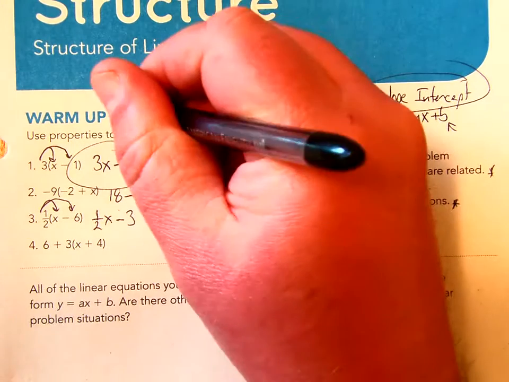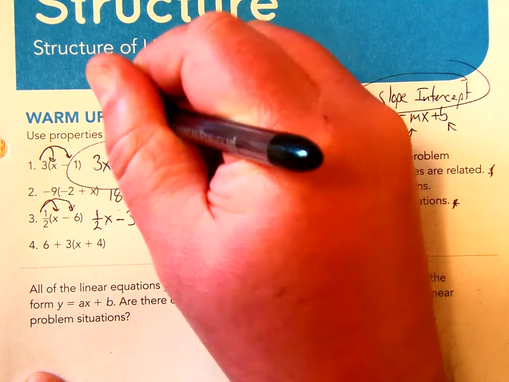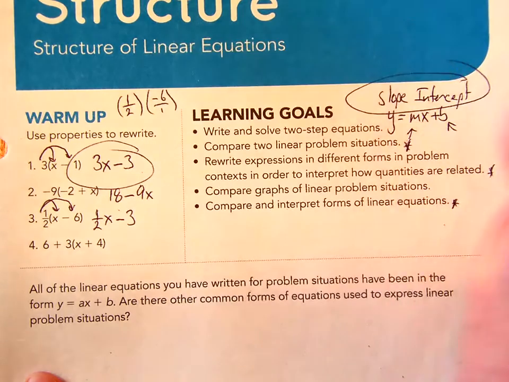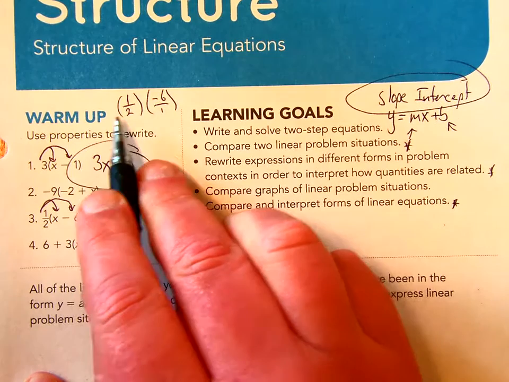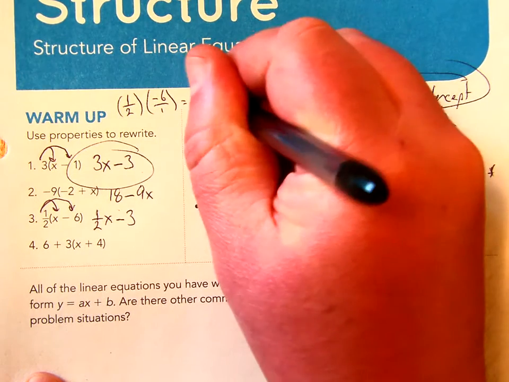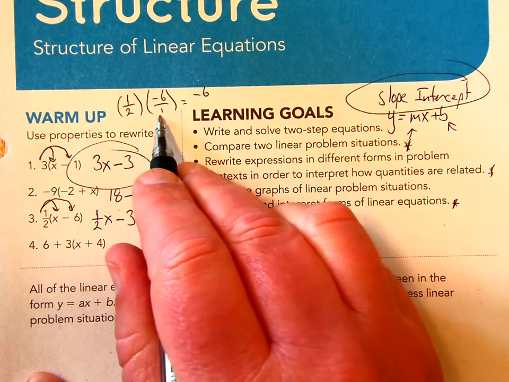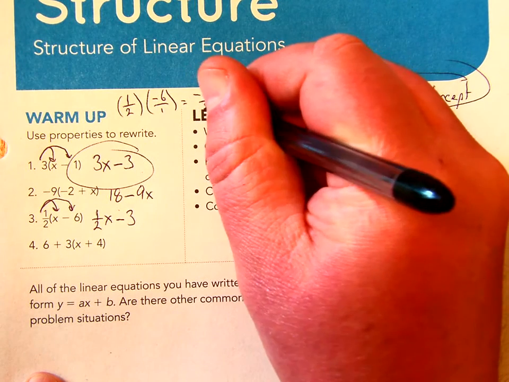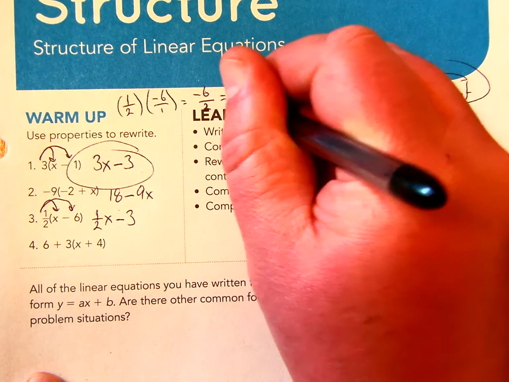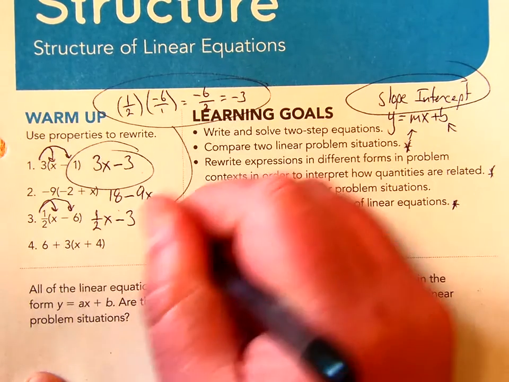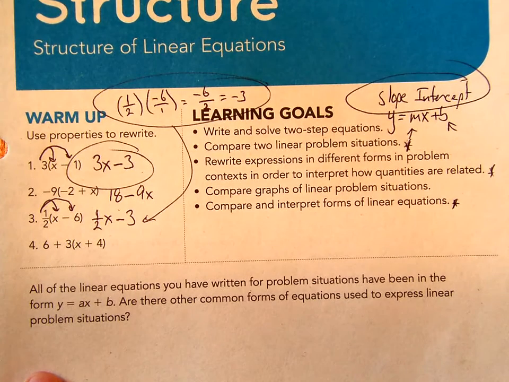And again, that would have looked like 1/2 times negative 6. I'm just going to put the negative 6 over 1. And 1 times negative 6 in the numerator is negative 6. 2 times 1 in the denominator is a positive 2. Negative 6 divided by positive 2, negative 3. So that's where that negative 3 comes from.